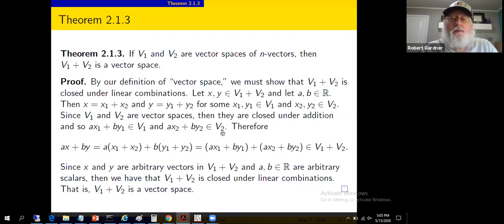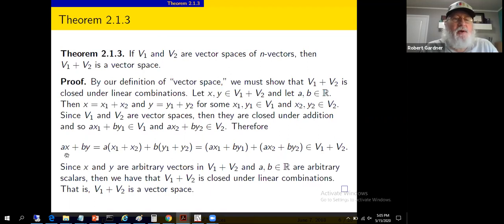Now if we look at ax plus by, remember we took arbitrary vectors x and y in the alleged vector space, and arbitrary scalars. Here's a linear combination. If we can show that's in V1 plus V2, and it looks like we're about to, then we're done, because that shows closure under linear combinations.